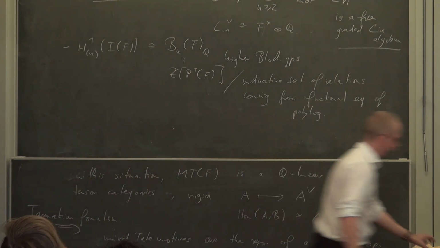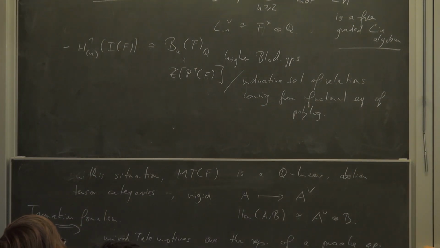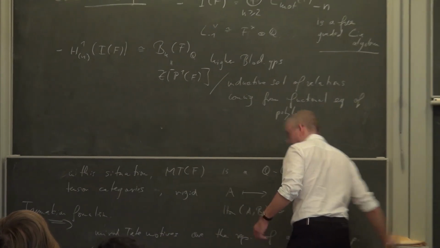Yes, and now I still have to erase the board to actually write down the more precise version. So if this conjecture is true, we get actually a more precise form than the one I've written here for Motivic complexes, well, computing Motivic cohomology.